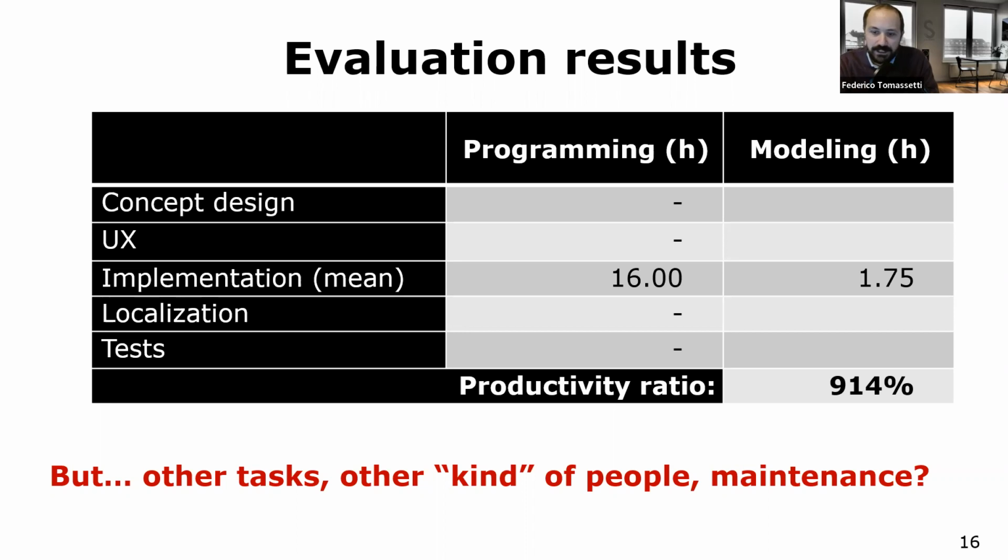But I was thinking that in larger projects the productivity ratio could be even bigger, because given you're faster with modeling, you may get away with a smaller team, and so you have less coordination cost, if you want. Do you think it would be reasonable?